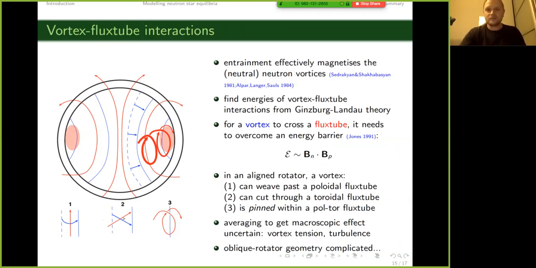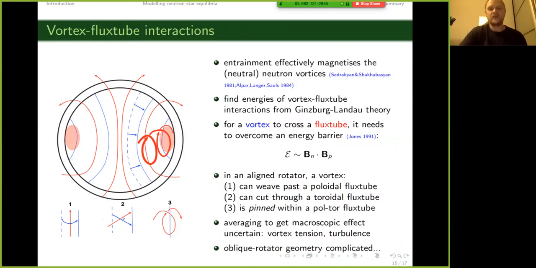And the classic reference on that in relation to neutron star rotational properties is Alpar, Langer and Sauls from 1984. Actually, David Zadrakian was working on this back in the mid-70s and the early 80s as well, although that result's fallen by the wayside a bit. But I think he was the first one to get there.